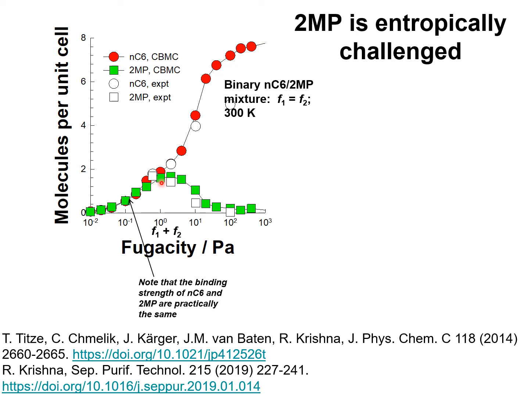However, as the total fugacity increases beyond this value of 1 pascal, the mixture adsorption gets increasingly in favor of the normal hexane molecule that packs more efficiently within the intersecting channel structure of MFI zeolite.